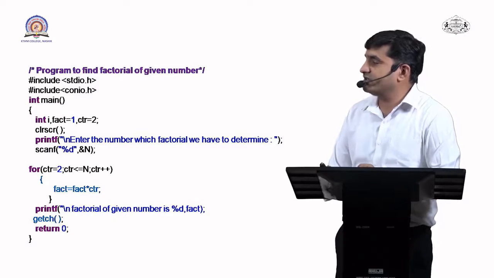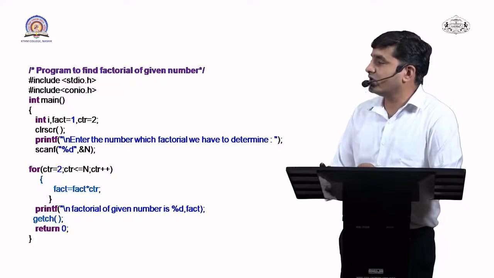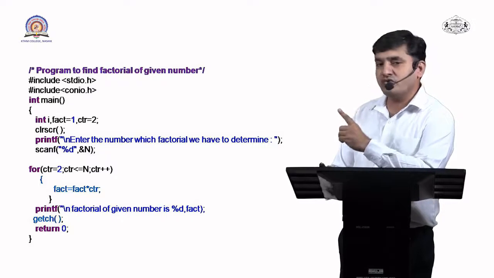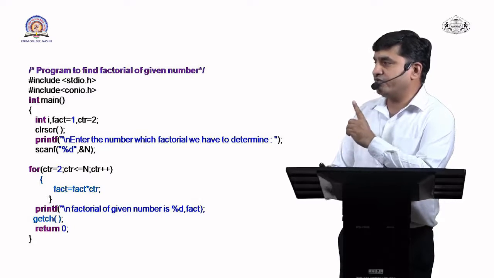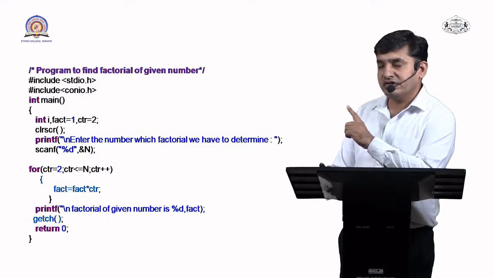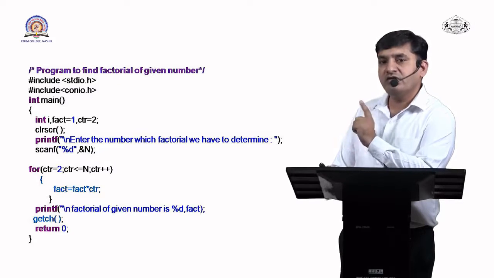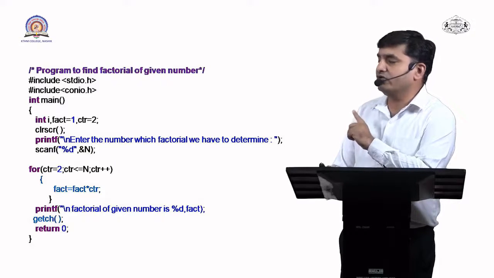So fact is equal to fact into counter. Fact is 1, counter is 2, so 1 into 2, so fact becomes 2. Again check the condition: counter is less than or equal to n. Yes. Then increment the counter, so it becomes 3. Fact is equal to fact into counter.